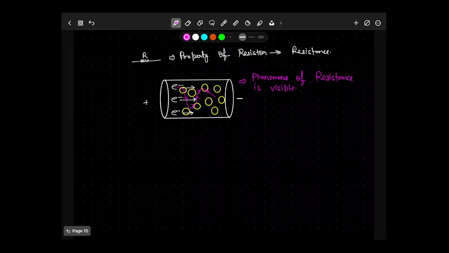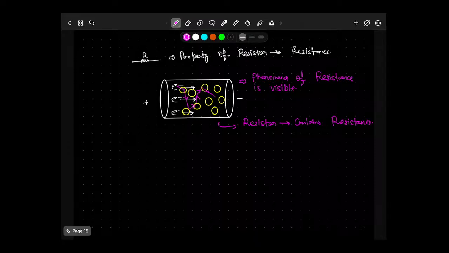Now you tell me, if the phenomenon of resistance is visible due to collision of these electrons, what will this conductor be called? This conductor will be called a resistor, because it contains resistance.